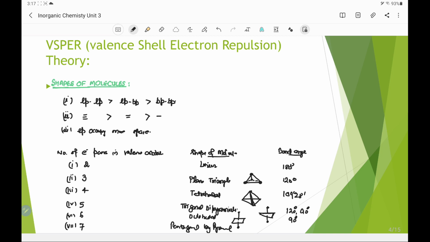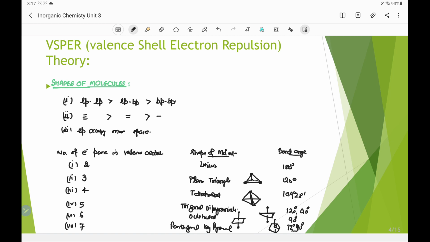Pentagonal bipyramidal means the base is a pentagon, a 5-sided shape, and one bond pair is in the apex position and one is down, and this will have an angle of 72 degrees in the plane. This means if this is the central atom, this angle is 72 degrees, and the other angle is 90 degrees with the apex positions. So in this way, these are the 7 general shapes we have discussed.